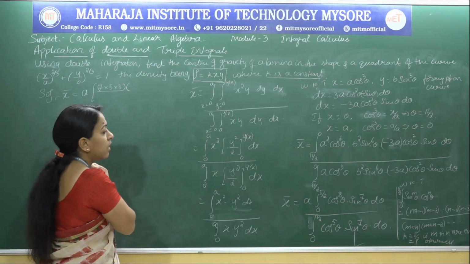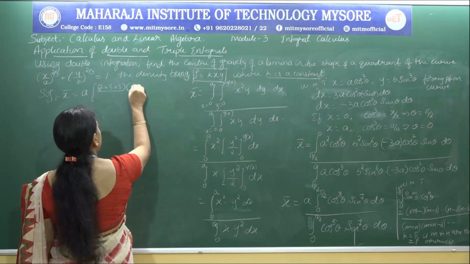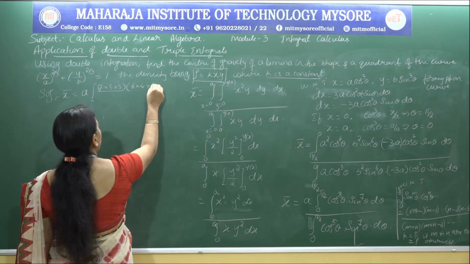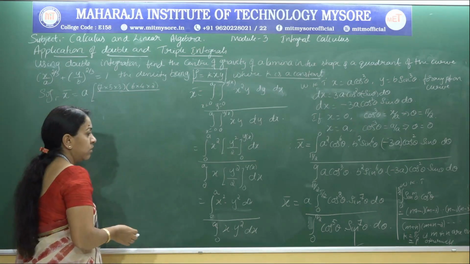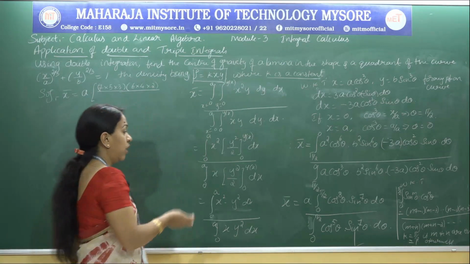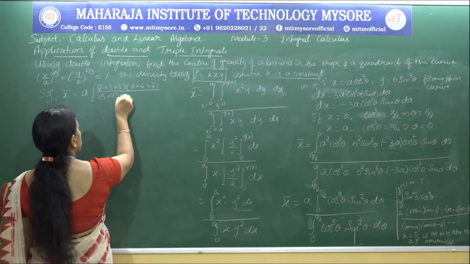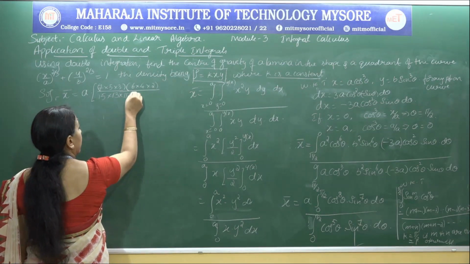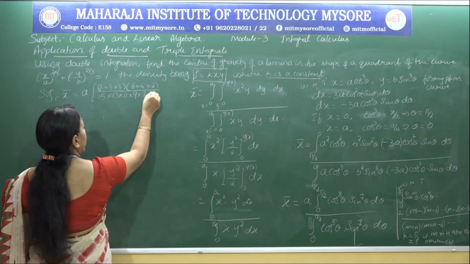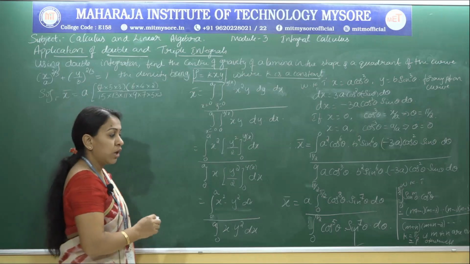The second part is 7, so 7 minus 1 will be 6 into 4 into 2. The denominator is 8 plus 7 is 15. So 15 is again an odd number, so expand up to the least odd: 15, 13, 11, 9, 7, 5, 3, right, into k.